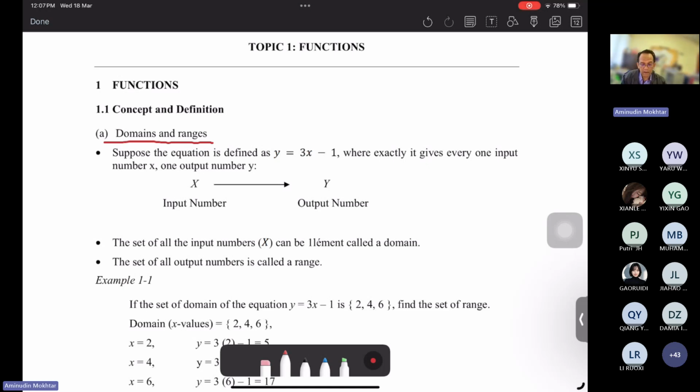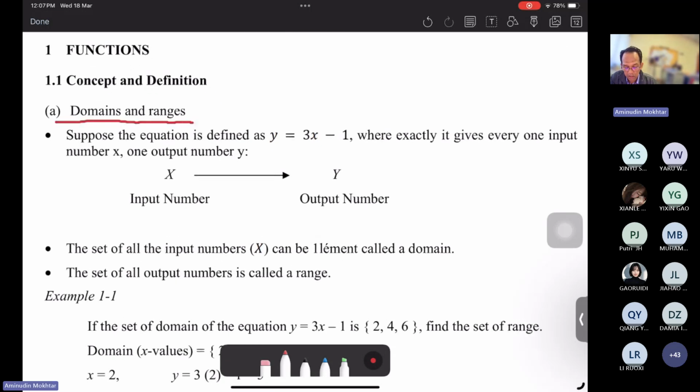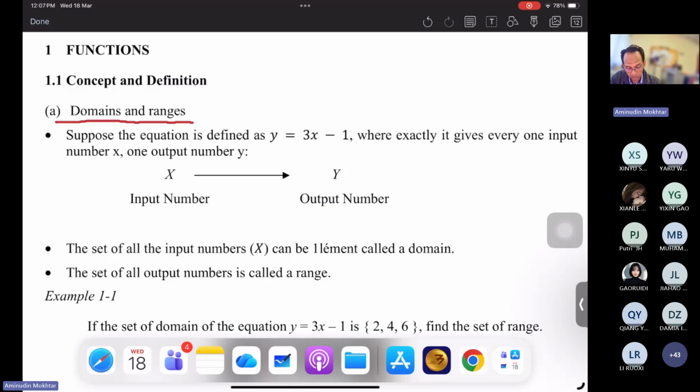Okay, for example, suppose we have this equation, y equal to 3x minus 1. Please refer to this note, page 1.